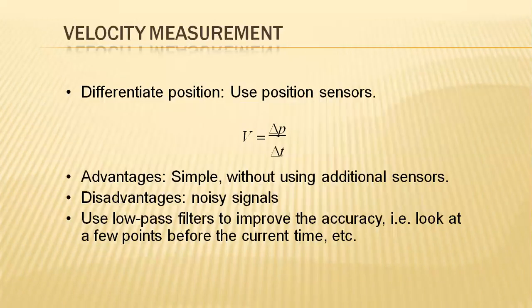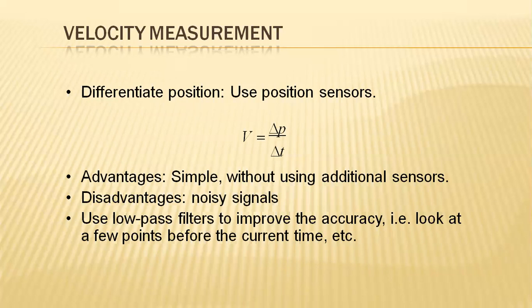And velocity is measured using position sensors, based upon the position with respect to time. So from one place to another place, the position will change depending upon the velocity, and if the velocity is varied, the position will also vary. So there are different advantages.